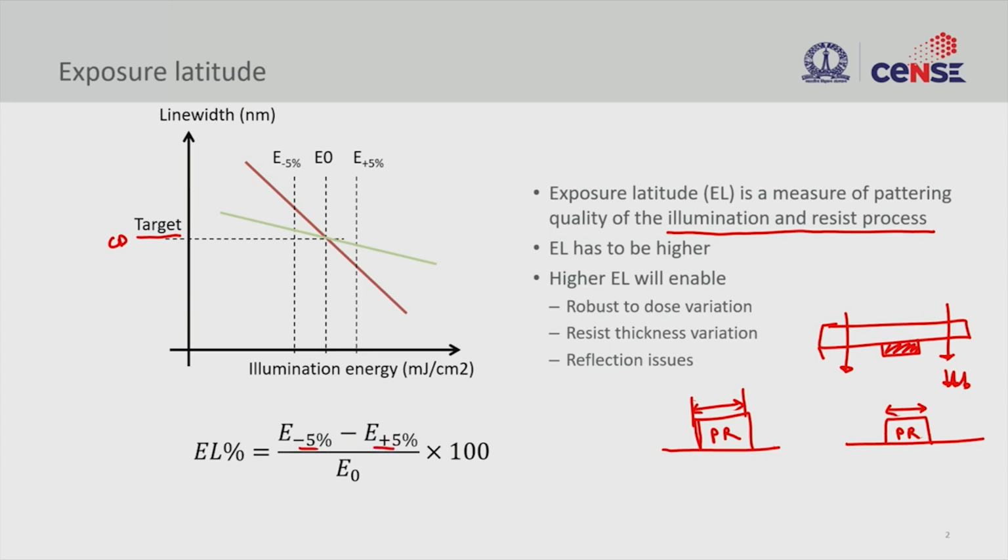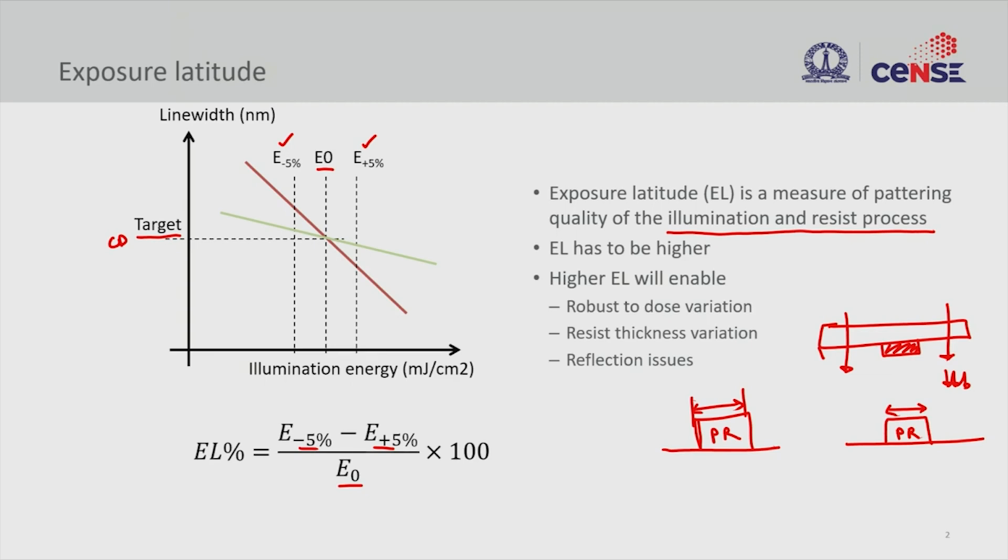E naught is the target dose, the optimal dose that will give me the actual target, and I would like to see how my critical dimension is going to vary if I change my exposure dose plus or minus 5%.